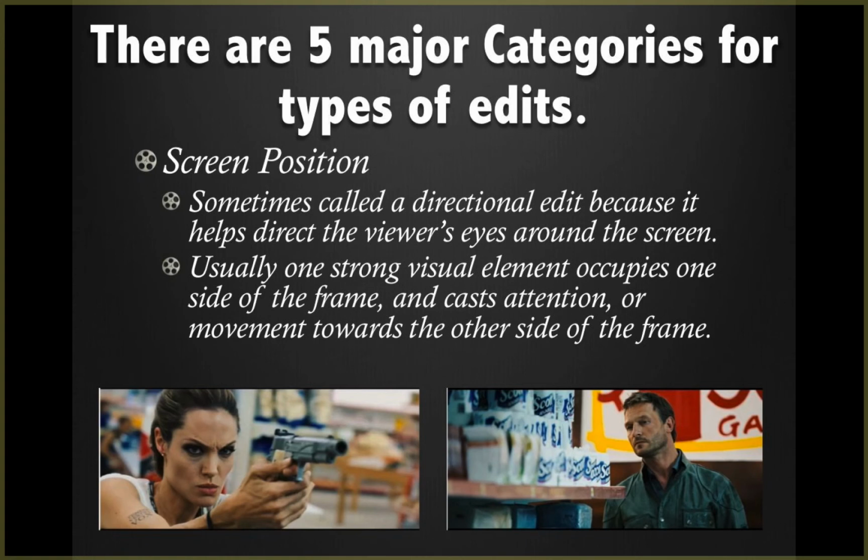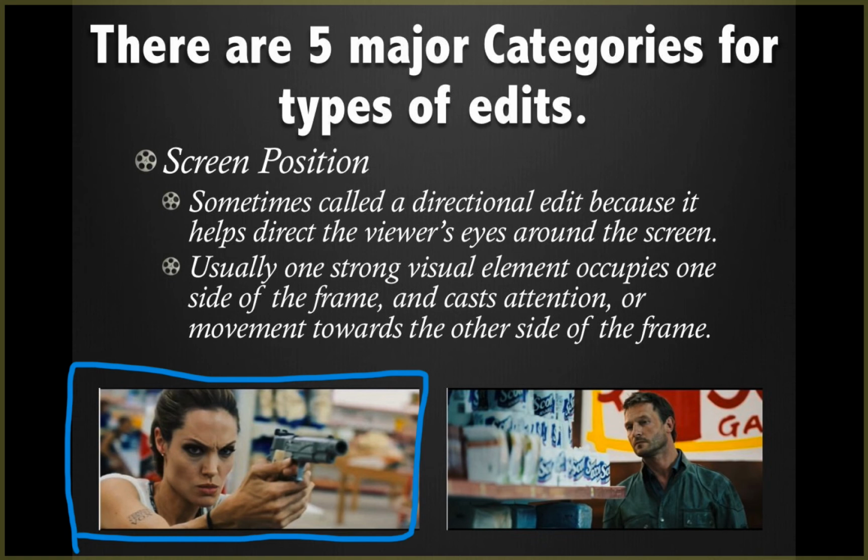So this is an example from the movie Wanted, where we see Angelina Jolie looking very intent, and her gaze is very strong, and we know from our composition lectures that by having her on the left side of the frame, very strong, pointing that camera off to the right, and we see this person on the right side of the frame, sort of bookending it, she is cornering him and looking at him. So it's a very strong visual cut from this shot to this shot.